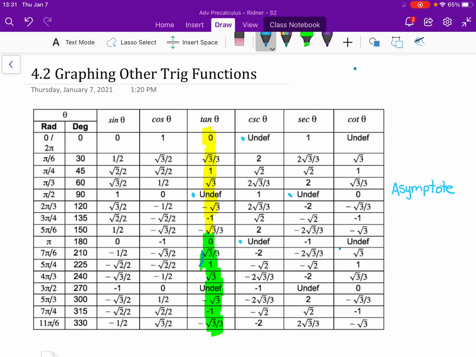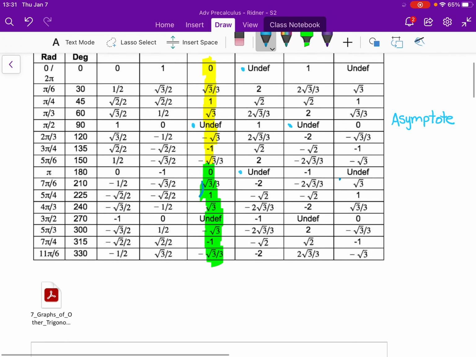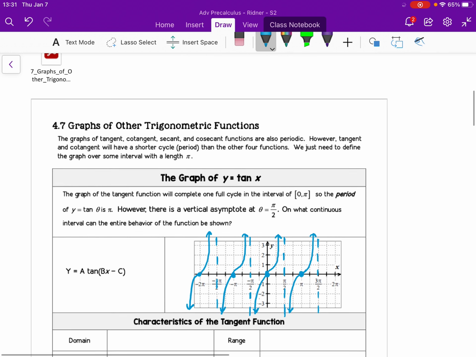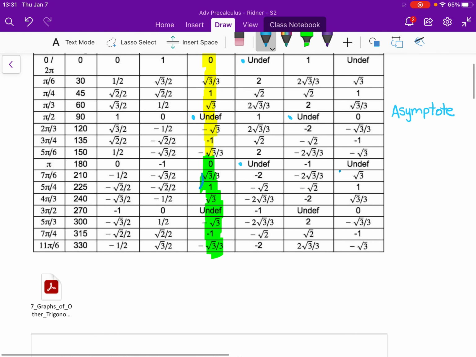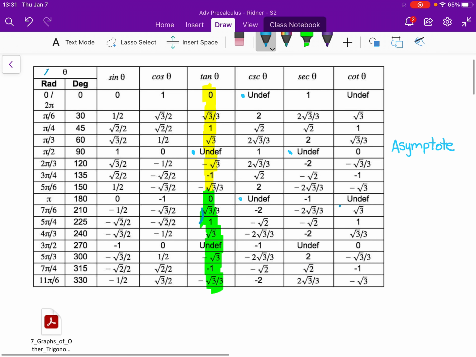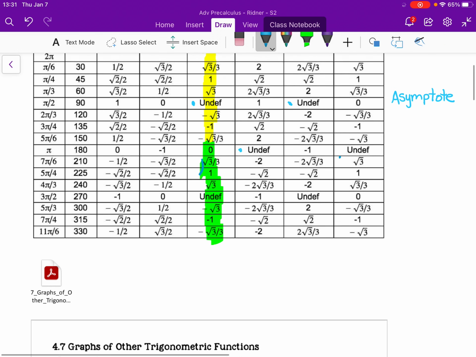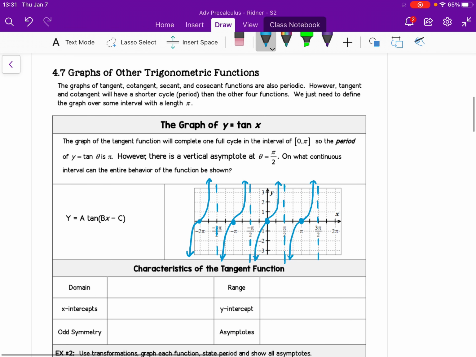And then let's see what happens with cosecant and secant. They're a little different. I just went ahead and drew the graph because just like in our last lesson, I could make the XY values, where this whole column is my X values and this whole column is my Y values, and plot those points.